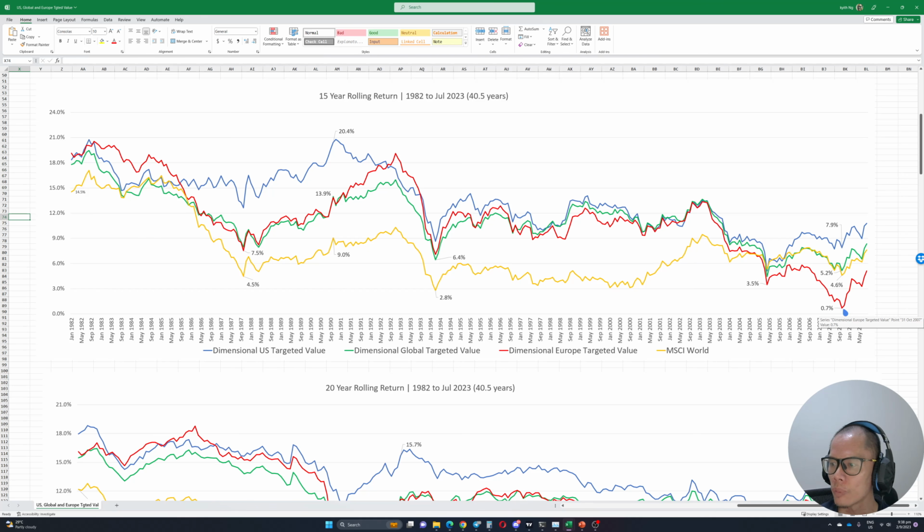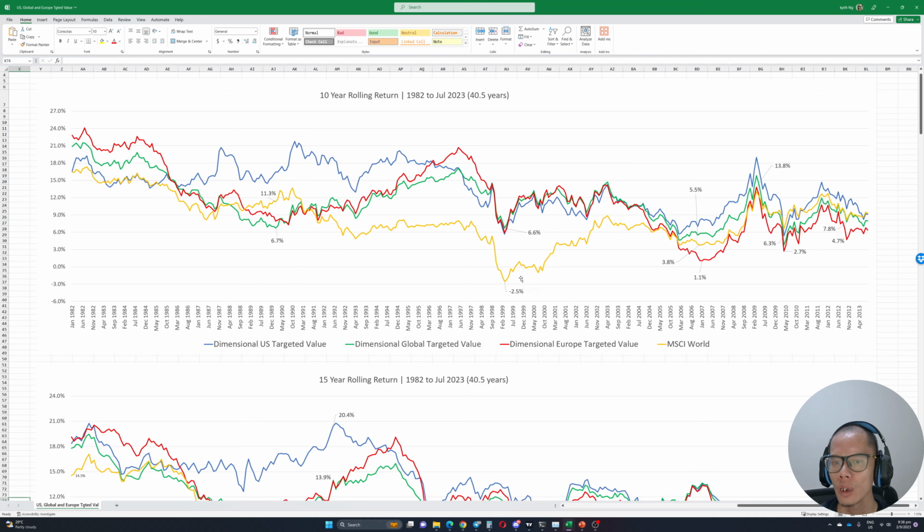I think it's Europe, 0.7%. This is probably the worst 15-year period in this 40-year history, and it's recent. In terms of global, I think it's 5.2%. It's pretty decent.